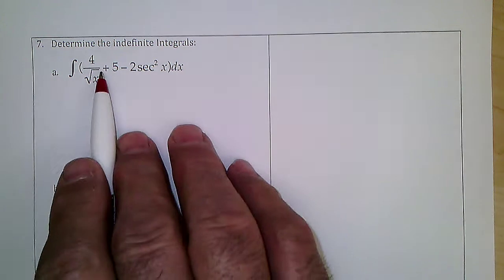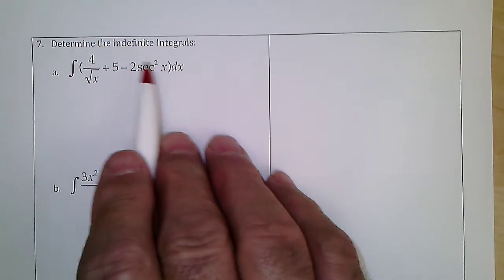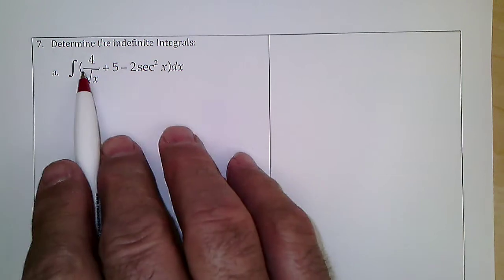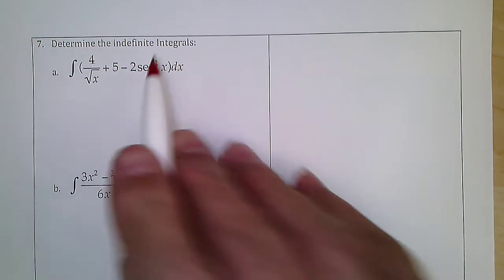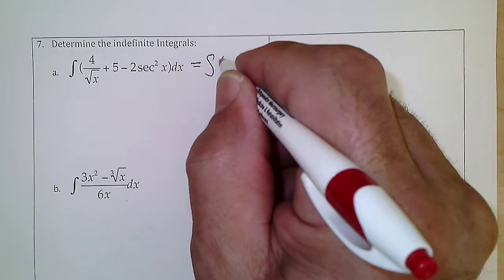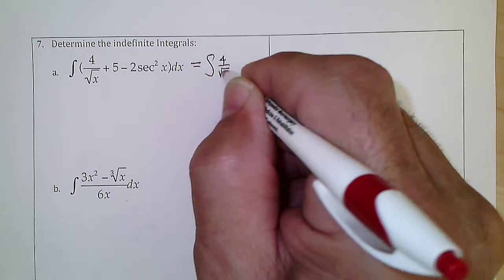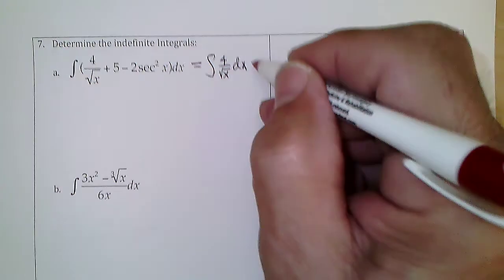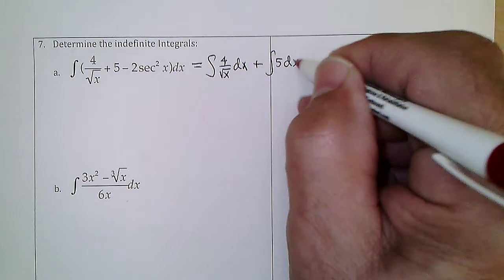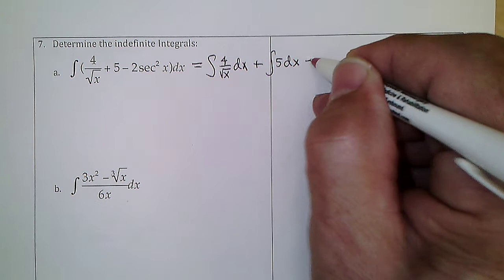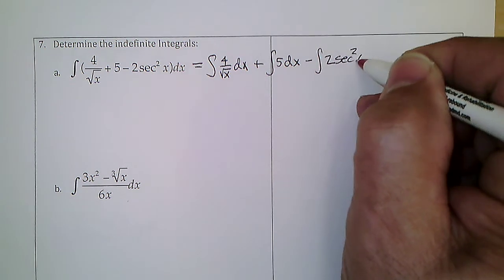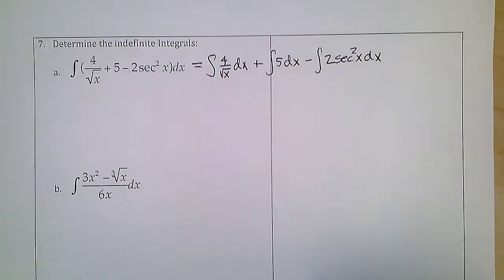All right, this is addition, this is subtraction, so this is multiplication. Can't split those into separate integrals, but I can make this 3 separate integrals. The integral of 4 over the square root of x dx plus the integral of 5 dx minus the integral of 2 secant squared x dx.